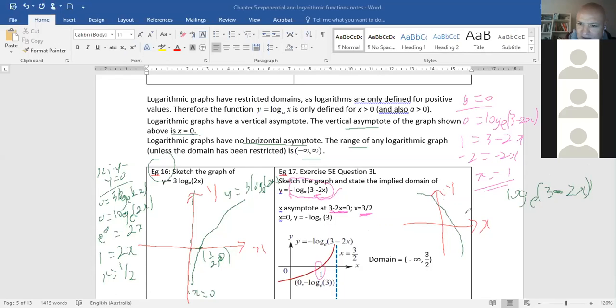So I'm going to get this. Still going to have the asymptote at 3 on 2. And then I've got this negative as well out the front. Okay, so this negative at the front, remember, that one flips it in the line y equals 0. So when I flip it like this, it's going to come like that.